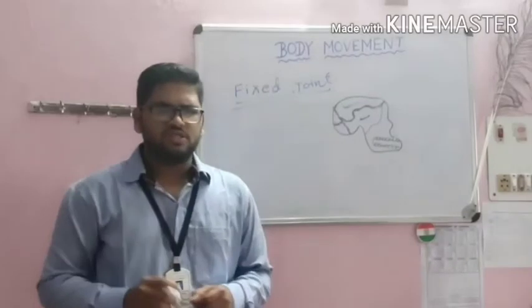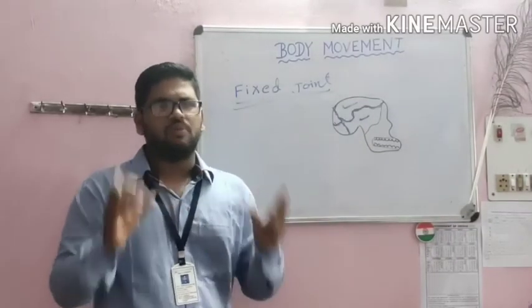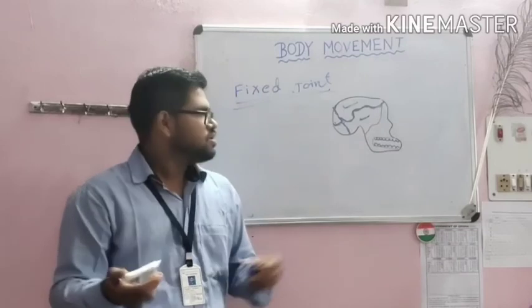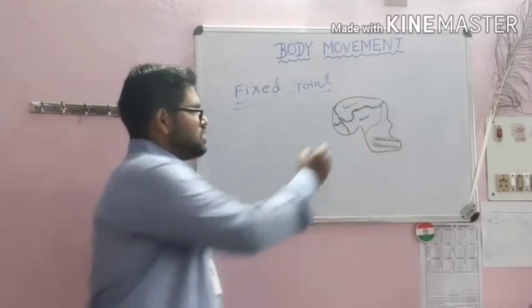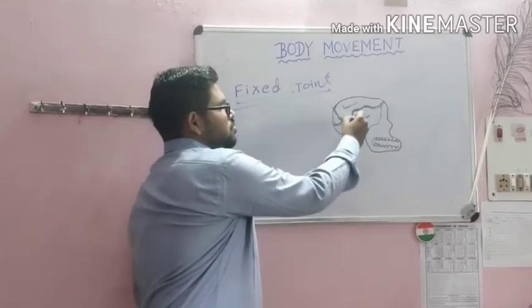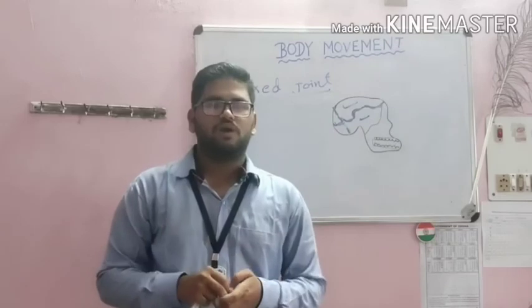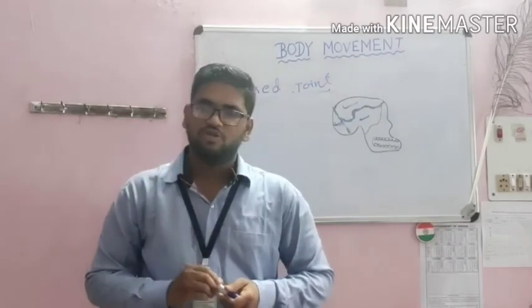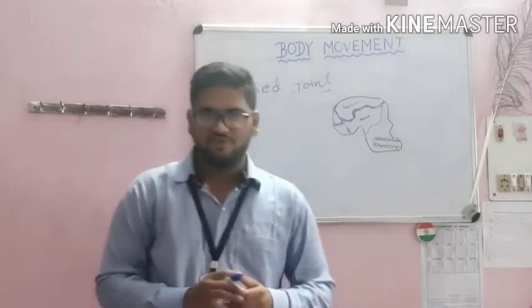They are present in the skull bones. Our skull, which is known as the brain box, gives safety to the brain. The skull is a combination of some bones, and these bones are attached to one another by the fixed or immovable joint. This is about the fourth type of joint.